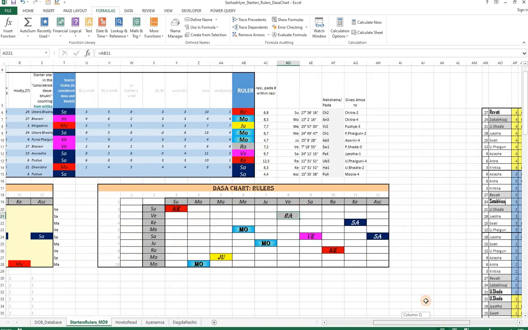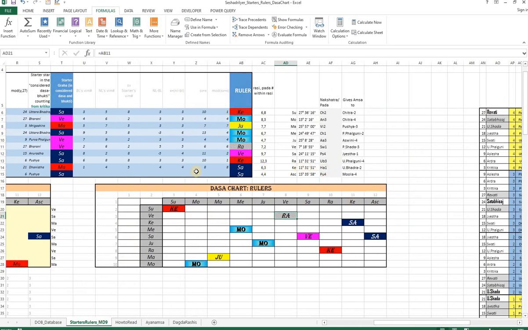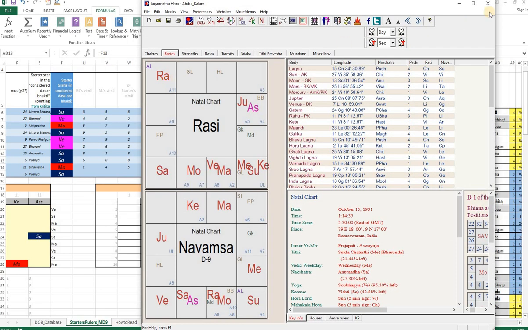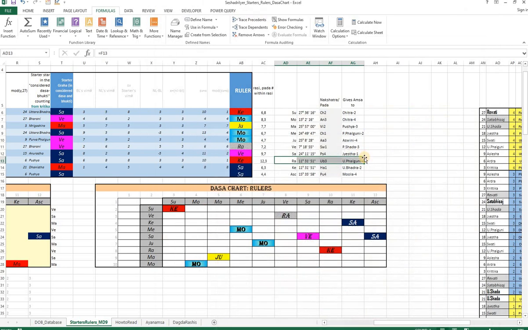And let us check what Rahu is handing over. So this is basically Rahu, and it is in Uttarabhadra for his chart. It is in Uttarabhadra star, and it is handing over its amsa to Uttara Palguni, which is exactly fourth pada.